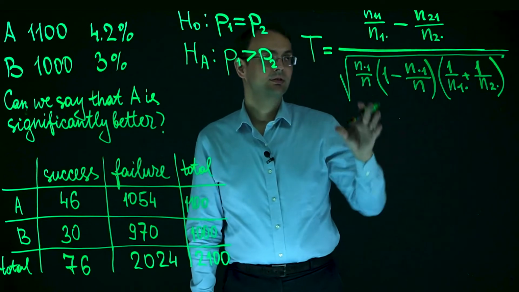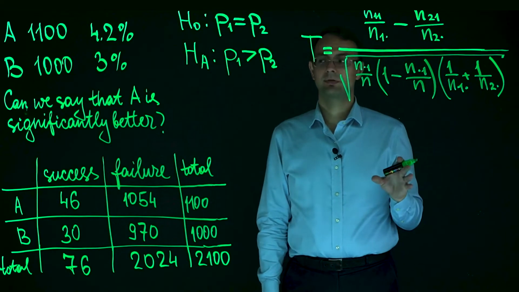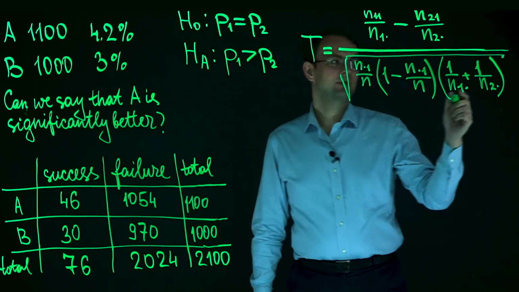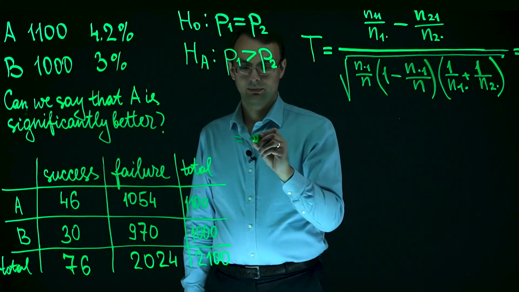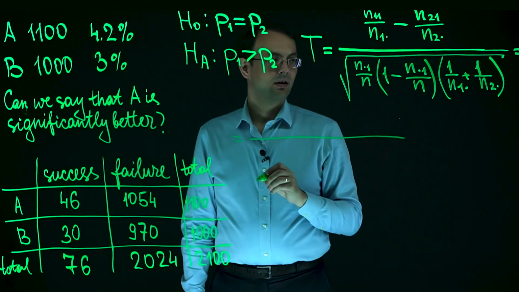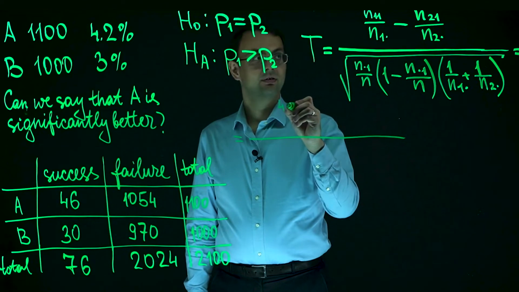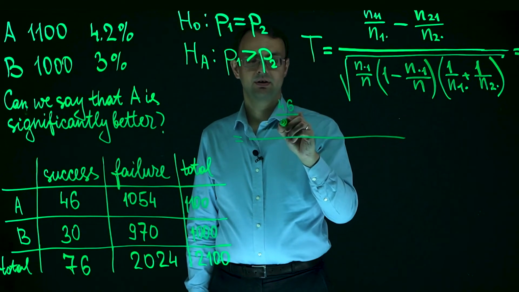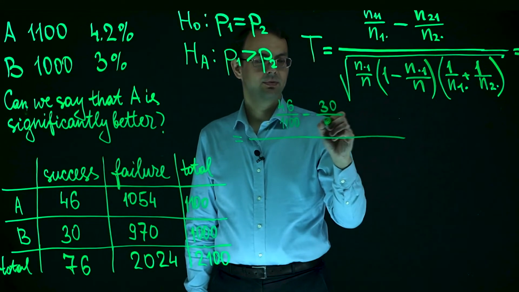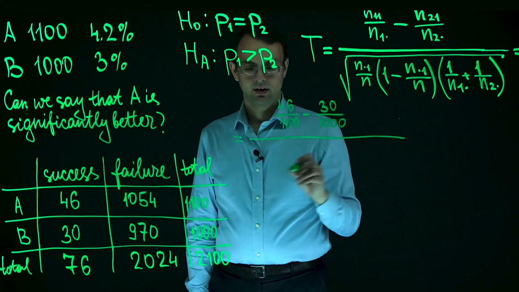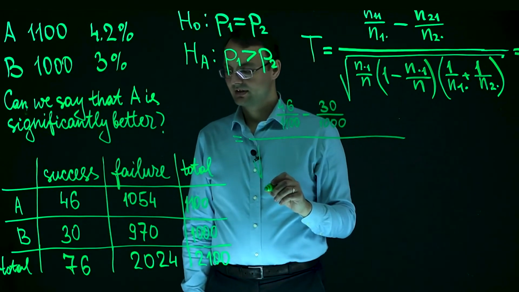We have all necessary numbers. So now we are just to substitute the numbers we have into this formula. So this will be 46 divided by 1100 minus 30 divided by 1000, and here N dot 1, that is 76.